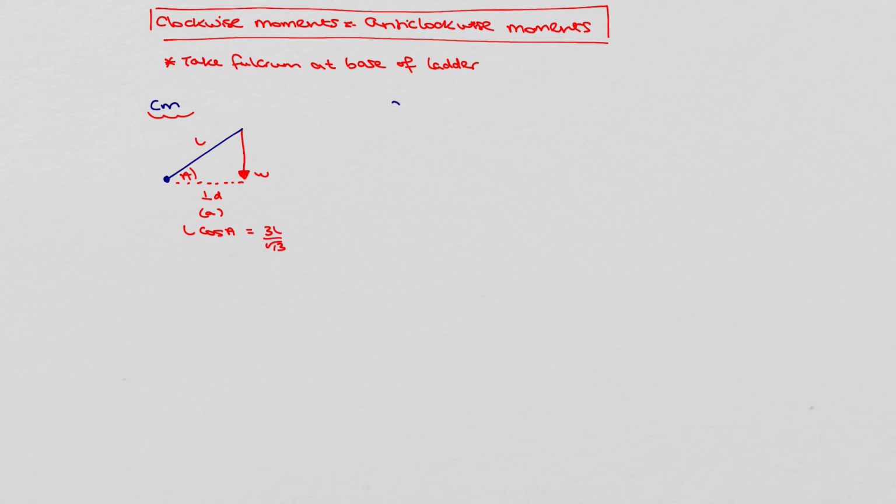And then our anti-clockwise moment is going to be caused by the reaction at the wall. So that's our S. And then our perpendicular distance, well, we said that if I mark in the horizontal ground, and that's A, then we have our alternate angles, which makes this my opposite side.